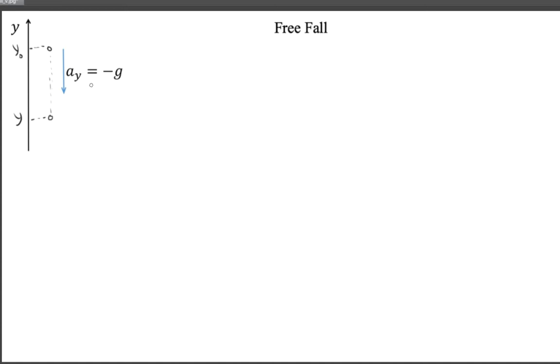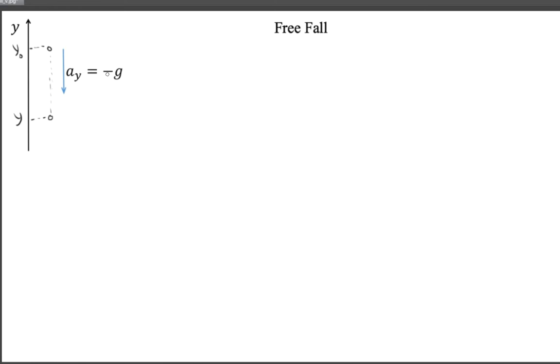Now let's write down the condition here. Since we have a constant acceleration pointing downward due to gravity, and that acceleration is in the opposite direction to the y-axis, when I write down ay for the acceleration for this 1D motion, I need to write down a negative sign.